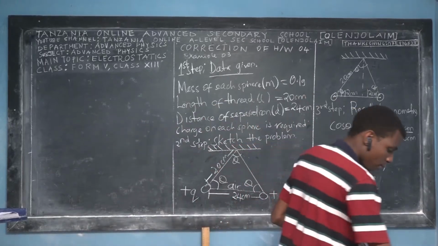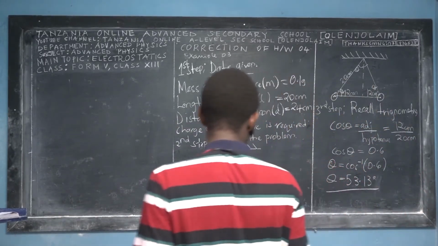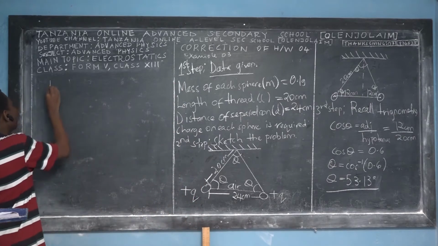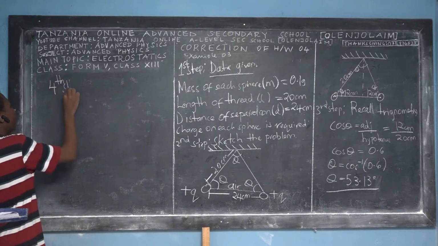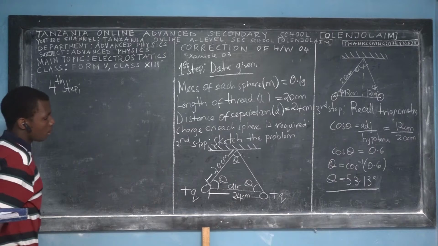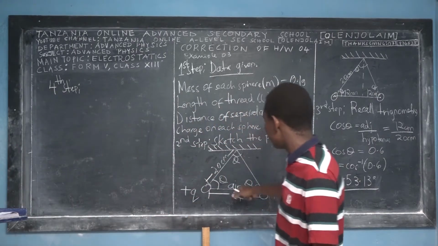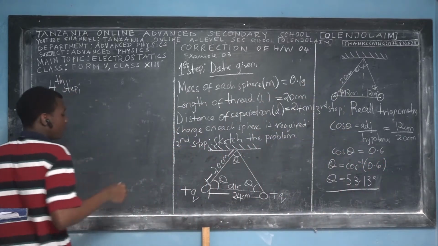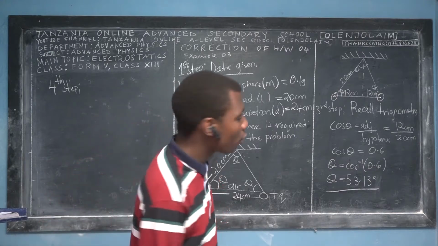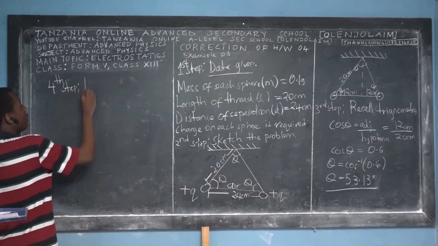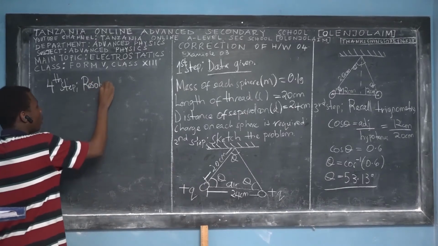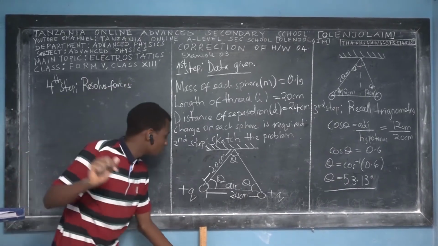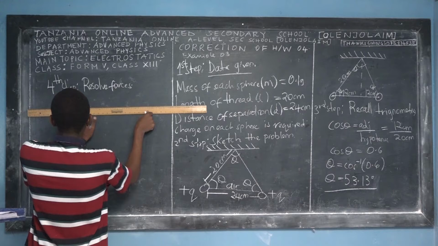So from there again, what are we going to do? We're going to the fourth step. Simply because we have already known the value of theta, we have to resolve the forces into the respective horizontal and the vertical components. So the first step, again I have to draw my diagram here.